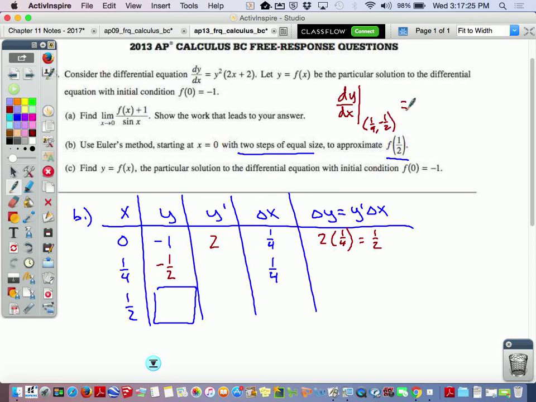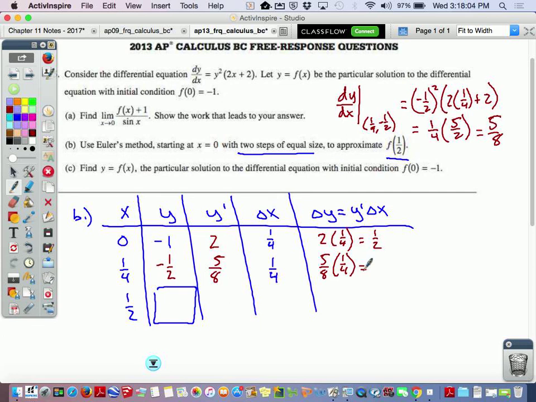What we are left with is (-1/2) squared times (2 times 1/4 plus 2). (-1/2) squared is equal to +1/4. 2 times 1/4 is 1/2, plus 2, which leaves us with 2.5 or 5/2. And if we multiply that out, we get 5/8. Okay, so we've got 5/8 times 1/4.